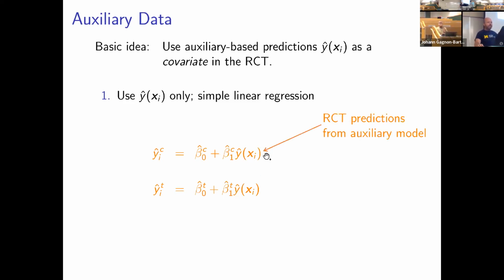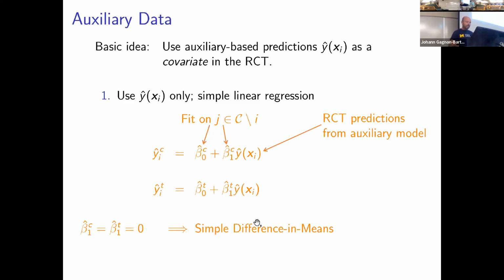We get our predicted outcomes using the auxiliary model, applying it to the covariates of the people in the RCT, and then we use that to predict the ith outcome within the RCT. These individual beta hats are fit using everybody but person i. And then the same for the treatment.